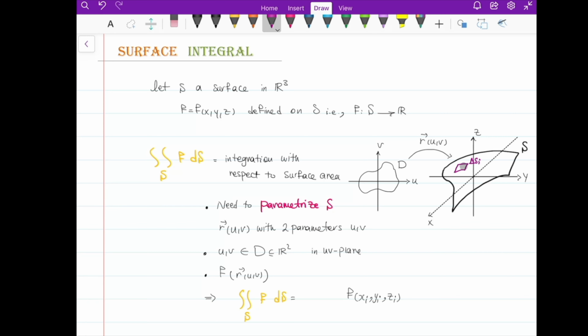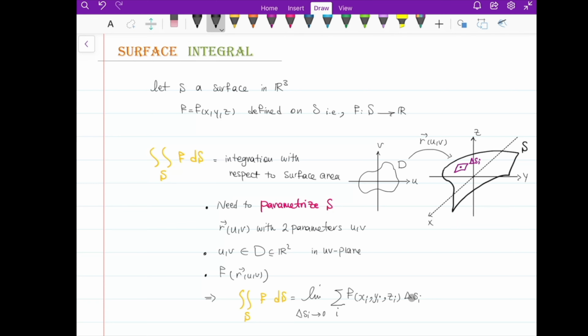So this is just a little part of the surface area of S. Then I'm going to choose a sample point like this, xi, yi, and zi. I'm going to find f at this sample point, and then I'm going to multiply it by delta Si. I'm going to sum over all of these little parts times f, and then I'm going to take the limit just to make sure that these little areas are very small. Okay, that's what we define it.